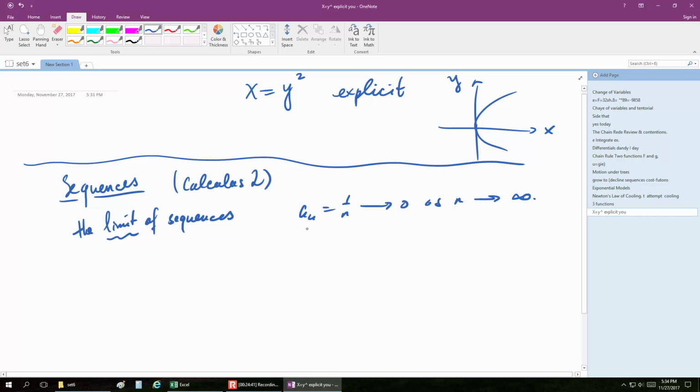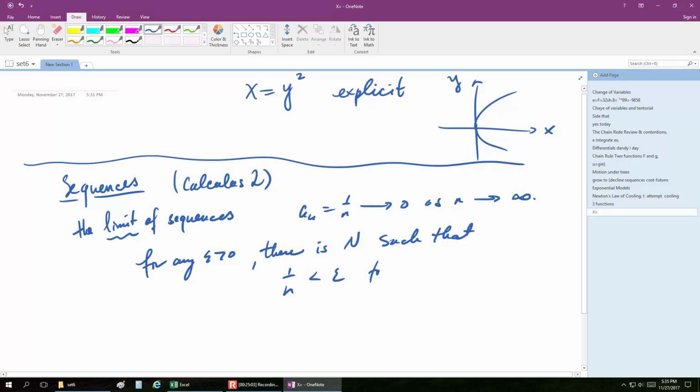Just to refresh your memory: for any epsilon greater than 0, there is an N capital such that 1 over n is less than epsilon for all n larger than N. So starting at some point of the sequence, the values are so small that they are less than that standard of closeness that we choose, epsilon. Okay, so we want to be within 0.5.